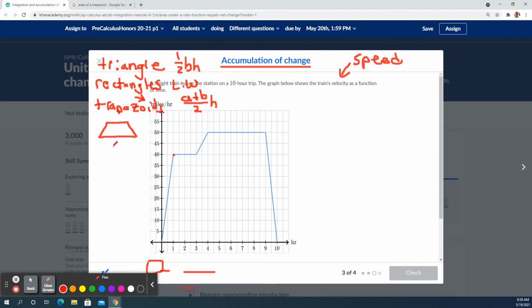So I've already drawn one here. We can call this bottom one b, we can call this top one a, and then the height would be going from one base to the other, like how tall is it from one base to the other. All right, and that's the strategy that we're going to use here.